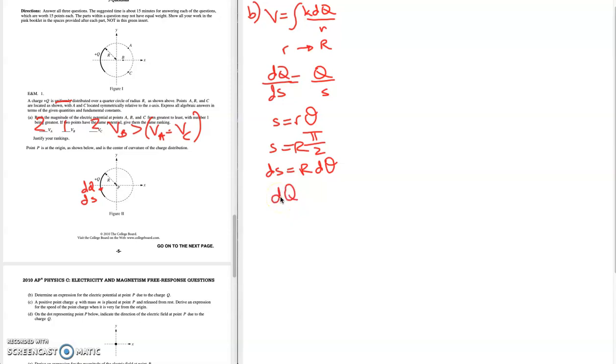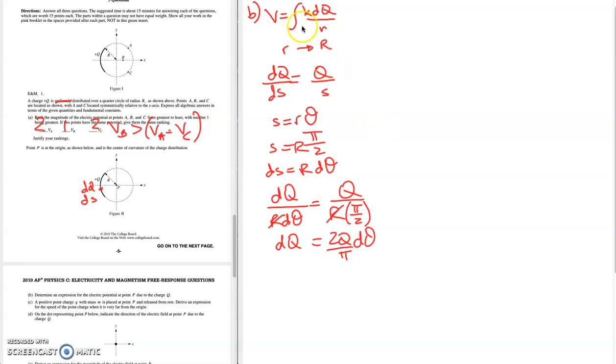So dq over r d theta is going to be Q over r pi over 2. We cancel out those r's, and now we can get dq as 2Q over pi, flipping that fraction around, d theta.